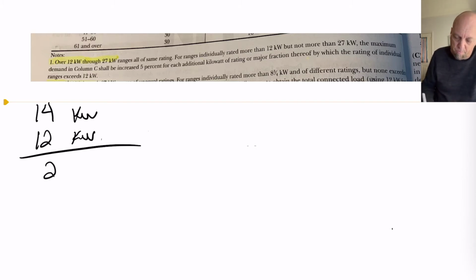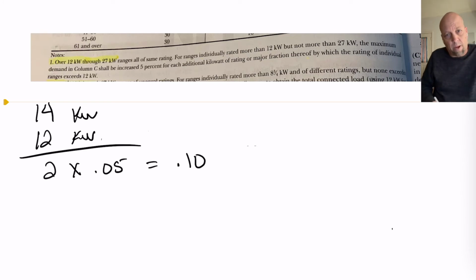So we have 2. And then according to note 1, we multiply that times 0.05, because it's 5% for every kilowatt over 12, which is 2, because 14 minus 12 is 2. So that's 0.10.